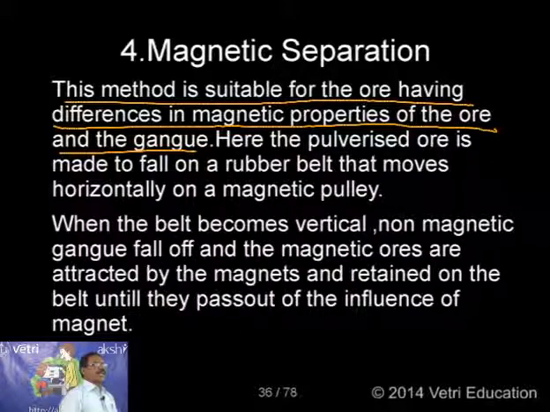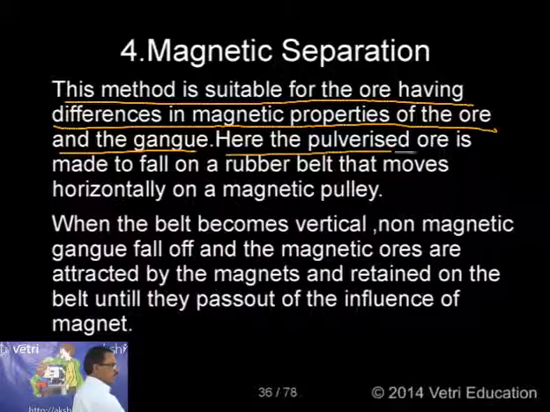Suppose we have ore and gangue. If the ore is magnetic and the gangue is non-magnetic, we can separate. Or the reverse also: if the ore is non-magnetic and the gangue is magnetic, again we can separate. Even if it's a mixture with different magnetic properties, we can separate.